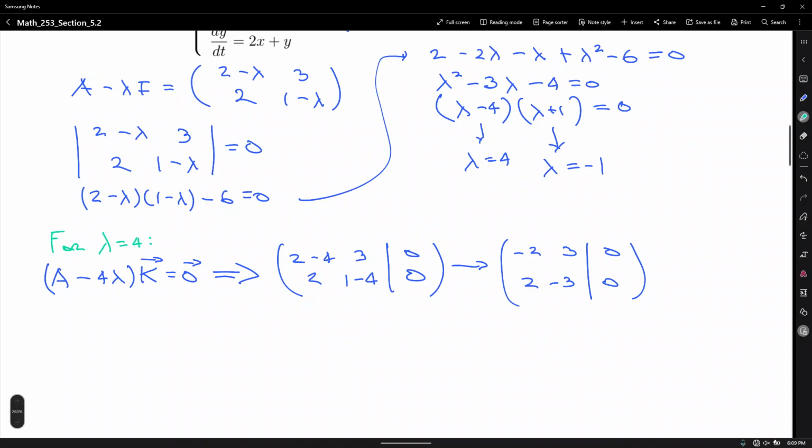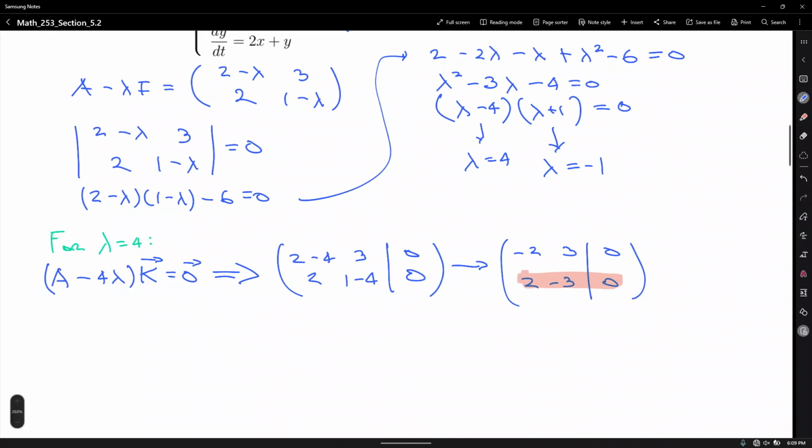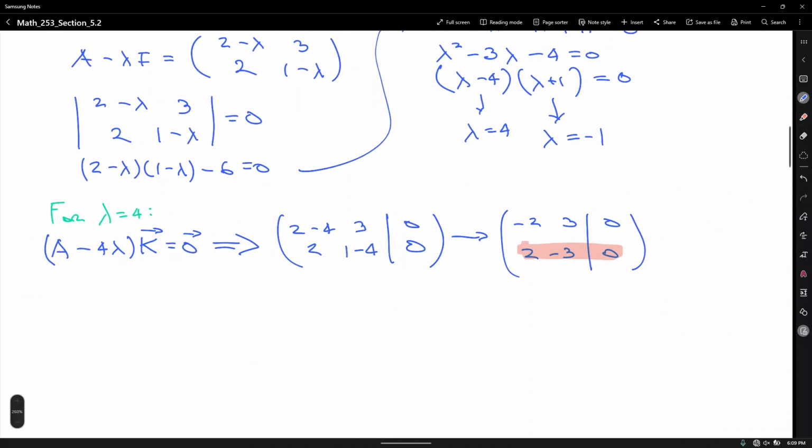So don't waste your time. Just grab any of your rows, whichever you want. It doesn't matter which one. In this case, I would like to take the second one. Decoding this row into an equation, be careful: K1, this is K, not V anymore, minus 3K2 equals 0.